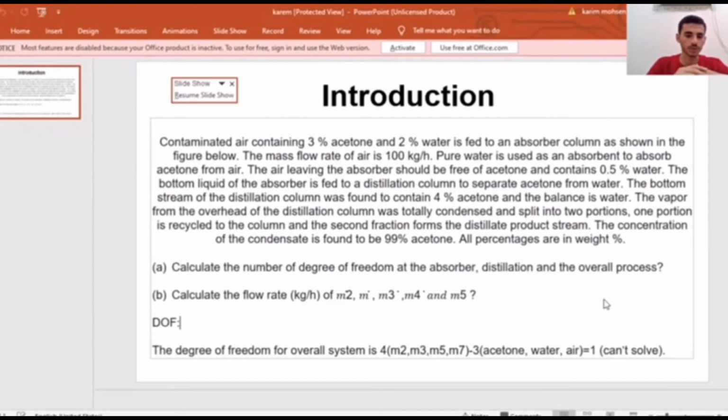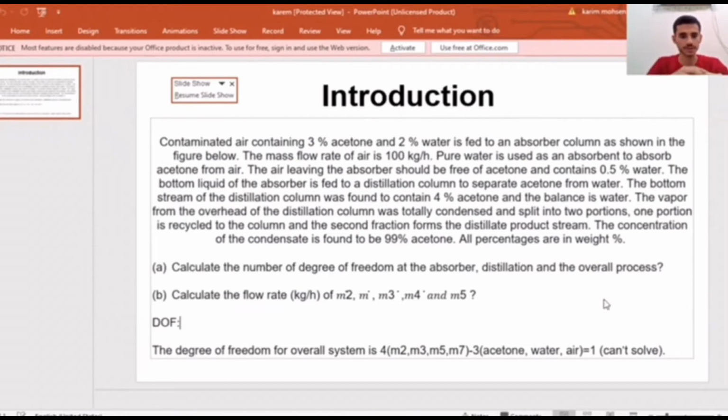The bottom liquid of the absorber is fed to a distillation column to separate acetone from water. The bottom stream of the distillation column was found to contain 4% acetone, and the balance is water. The vapor from the overhead of the distillation column was totally condensed and split into two portions.